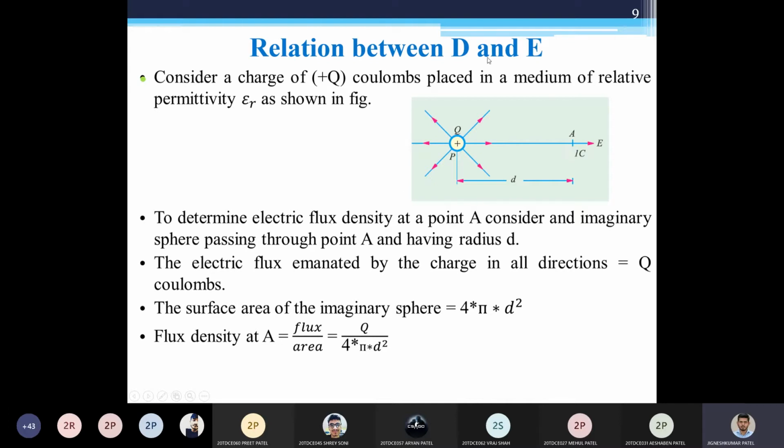The sphere is assumed like this, starting from here, and this is the radius of the sphere, and the radius is my d. So d is not the diameter here; d is the radius of the sphere. That's why 4 pi d square is the area of the sphere.